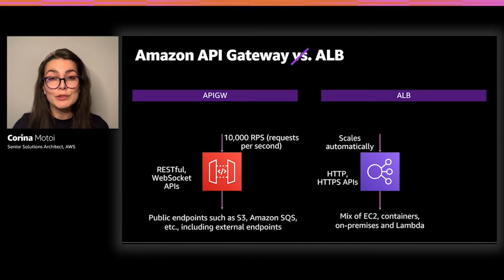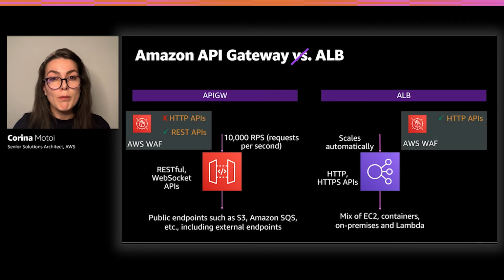It's worth calling out also the integration aspect, as the API Gateway can route requests to other AWS managed services with public endpoints such as S3 or SQS, or even external endpoints, while ALB is best suited when you want to route your traffic towards private resources, most of the time sitting in a virtual private cloud, in a VPC.